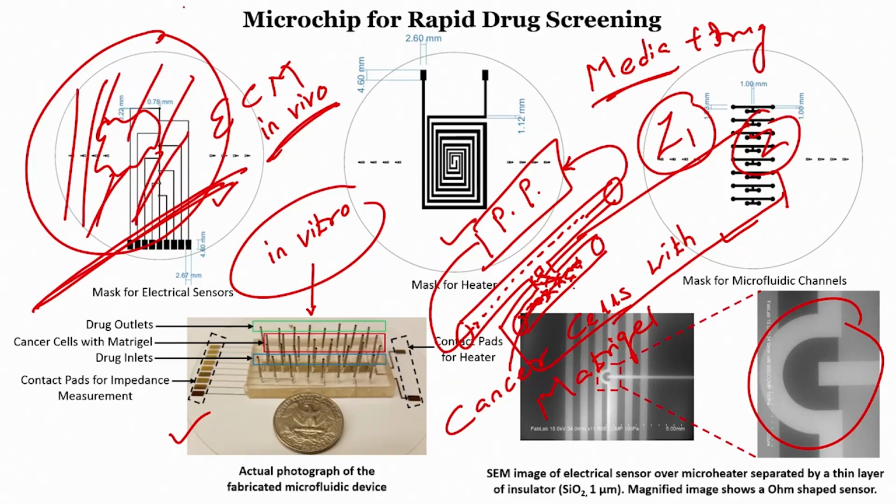If they die, then the conductivity would increase. If the conductivity increases, impedance decreases. So, I will have a different value of impedance Z2. If the values of Z1 and Z2 are significantly different, there is a statistical significance, then I say that my drug is effective. So, let us see.